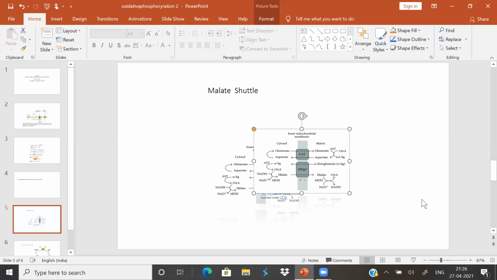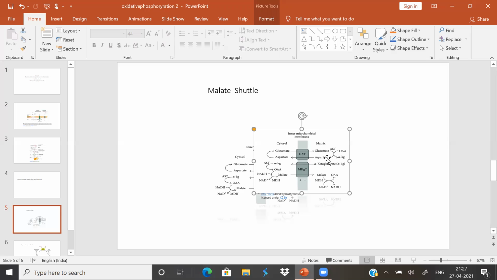So how will this shuttle mechanism continue? In the mitochondrial matrix, glutamate is present. So glutamate and oxaloacetate are converted to alpha ketoglutarate and aspartate. This is a transamination process that will be discussed in protein metabolism.